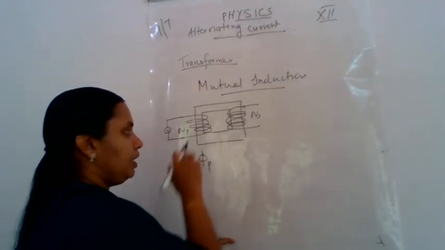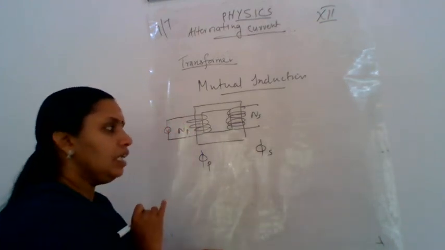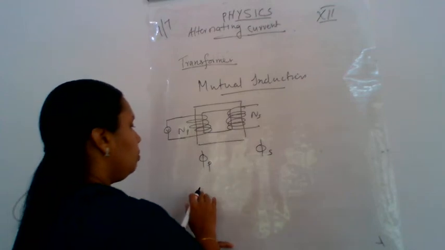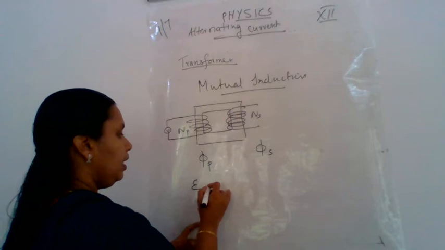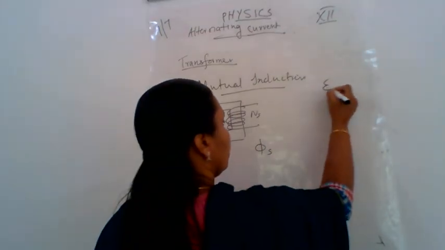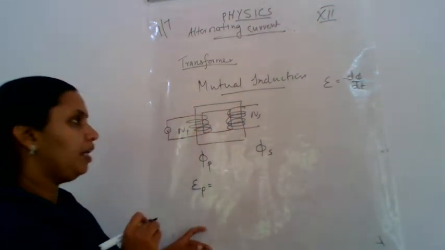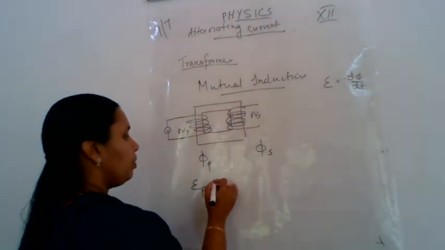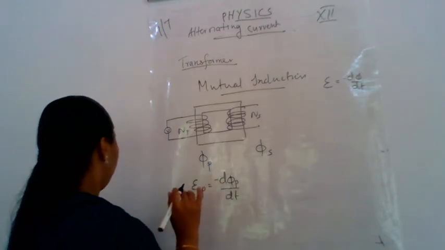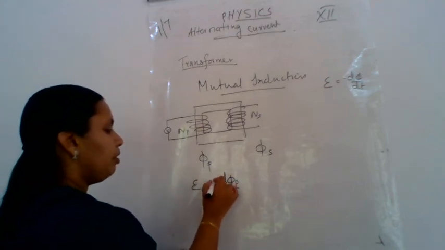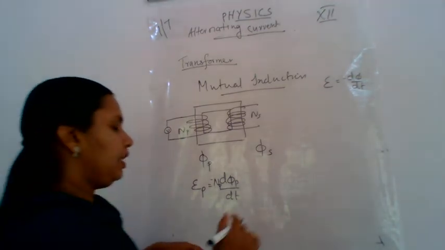Here phi p is the flux in the primary, and phi s is the flux in the secondary. We know the EMF induced in the primary, EP, is given by E equals minus d phi by dt. So EP is equal to minus d phi p by dt, and NP is the total number of turns in the coil, so we can write it as EP equals minus NP d phi p by dt.